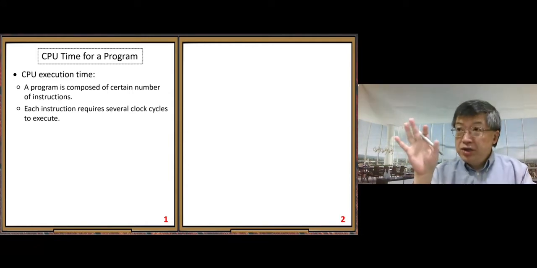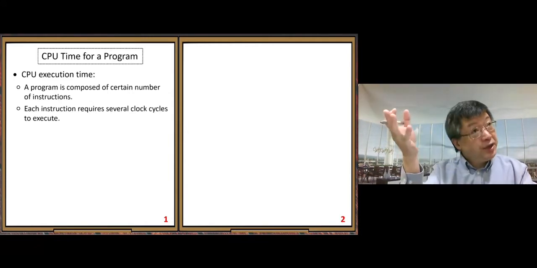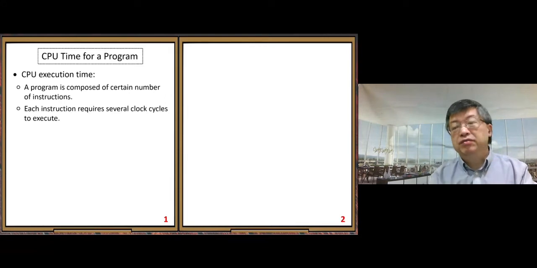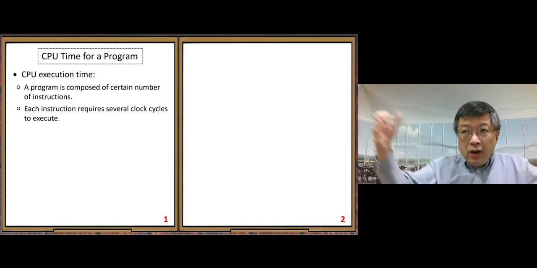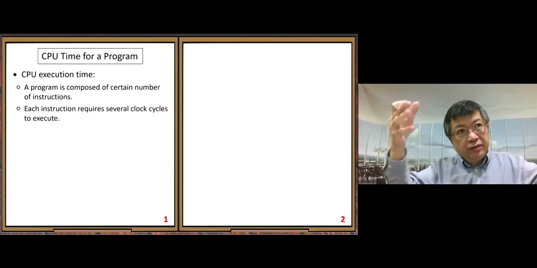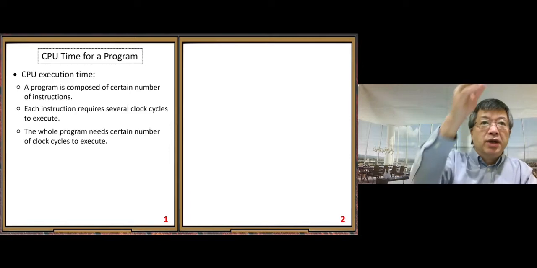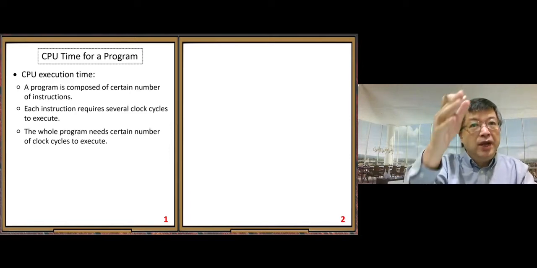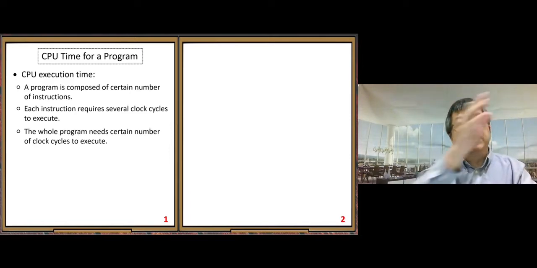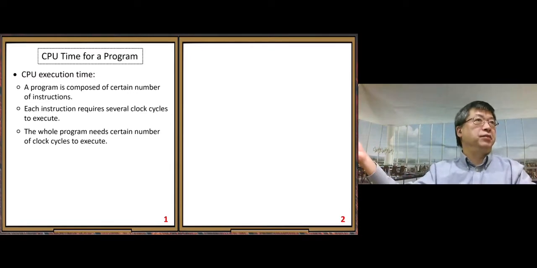But some instructions are pretty easy, so fewer clock cycles. But we need to add up all the clock cycles for the whole program. So the whole program needs a certain number of clock cycles to execute.